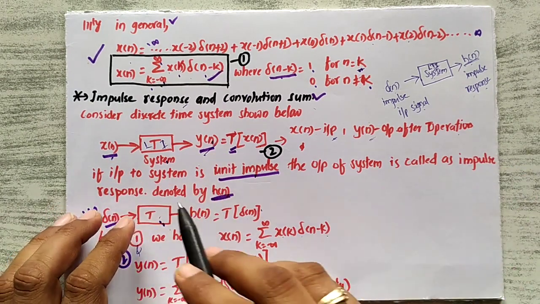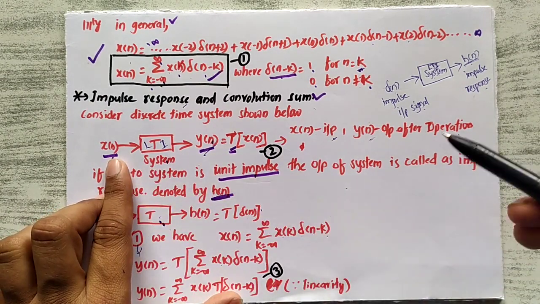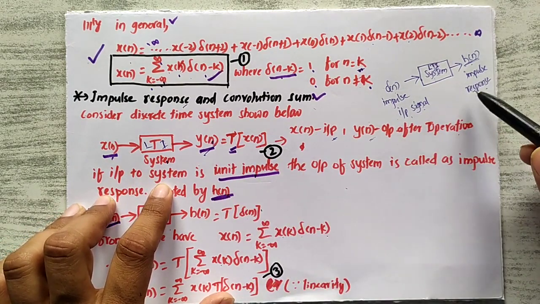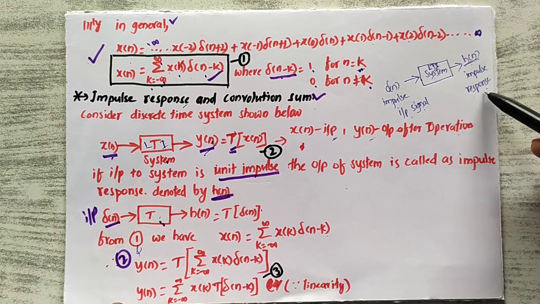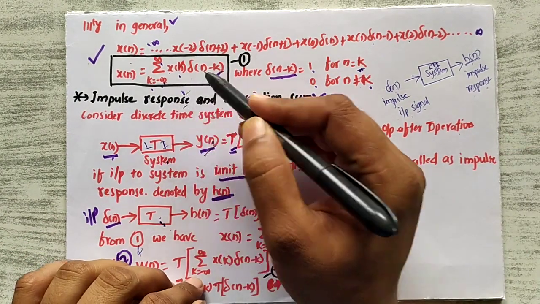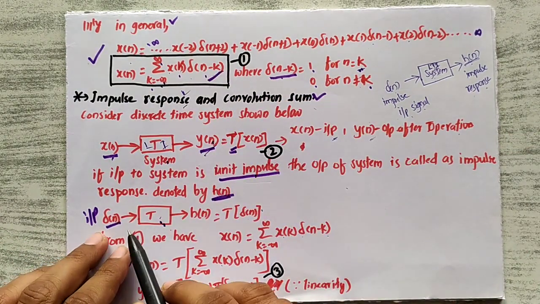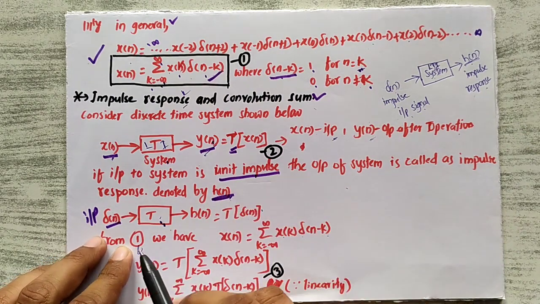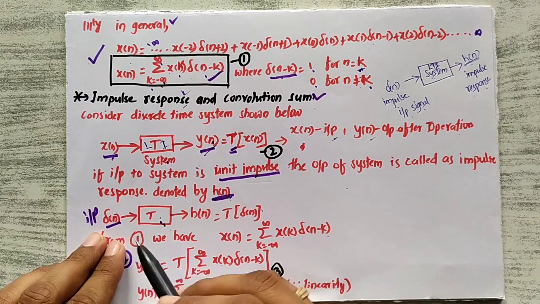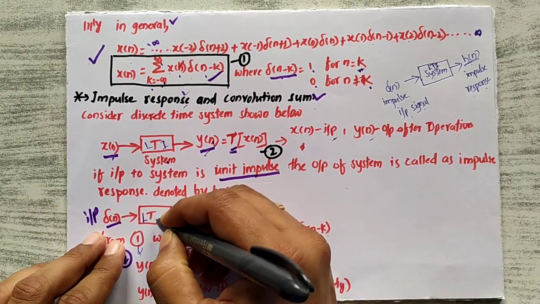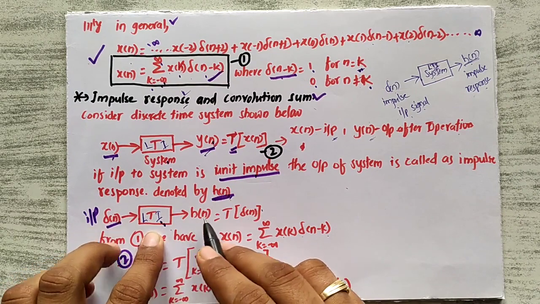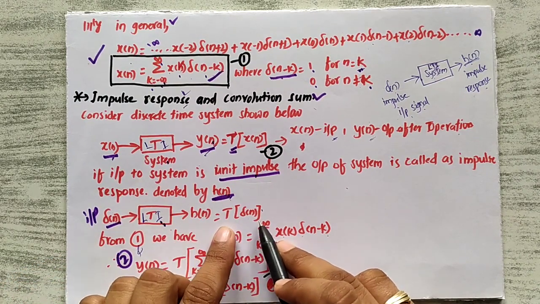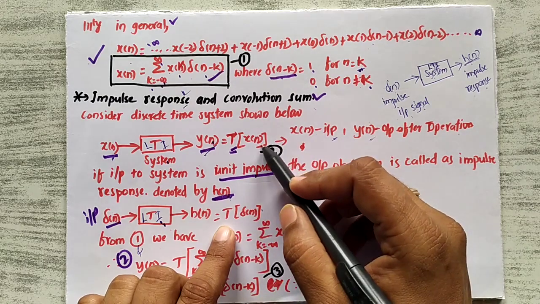If this input signal is the impulse signal, then the output I get, I will call it the impulse response, and that is represented as h of n. So delta n is the input signal to the LTI system, and it produces the output impulse response, that is T of delta n, similar to this expression.